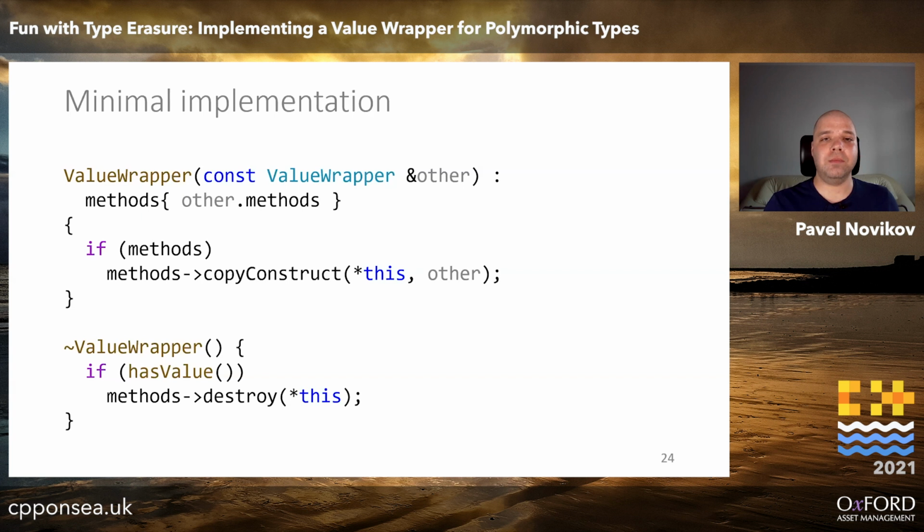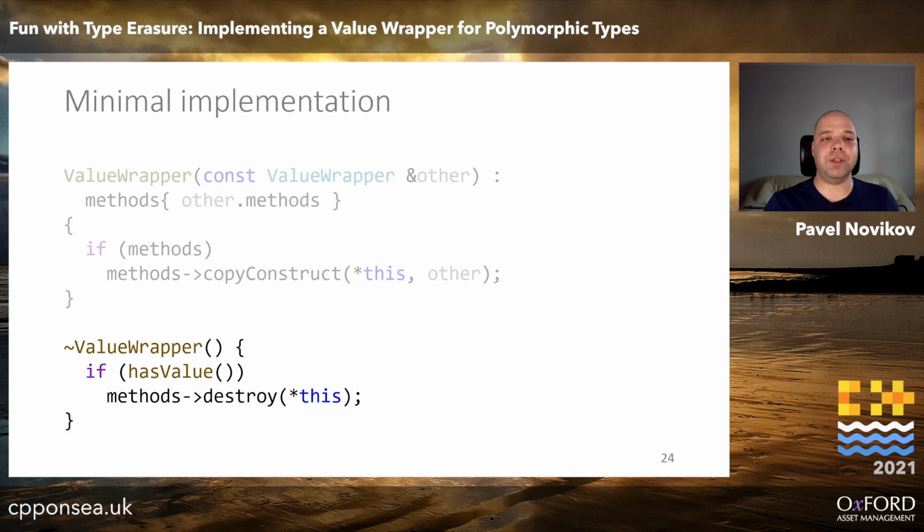Other special members are the copy constructor, in which we just copy the pointer to methods from the other instance, and if the other instance contained a value, we will copy construct an instance in this object from the value of the other object.